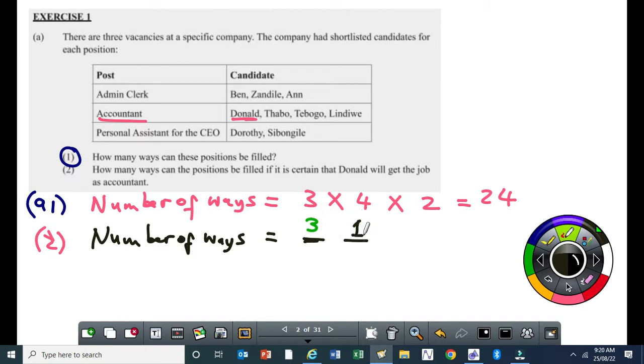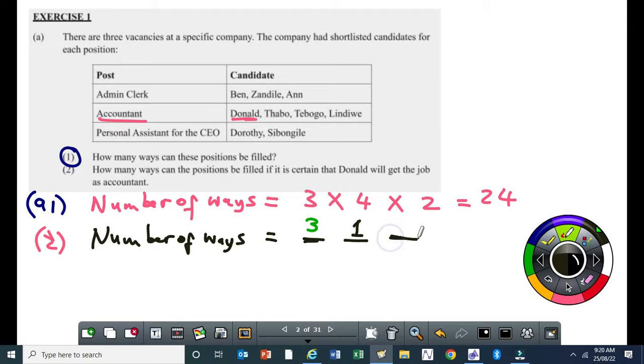How would I know? It's written here. The question says, how many ways can the positions be filled to be certain that Donald has to get the job as an accountant? Donald, can I have your attention please? So there are three options for the admin post. Then there is one person who's going to take the accounting position.